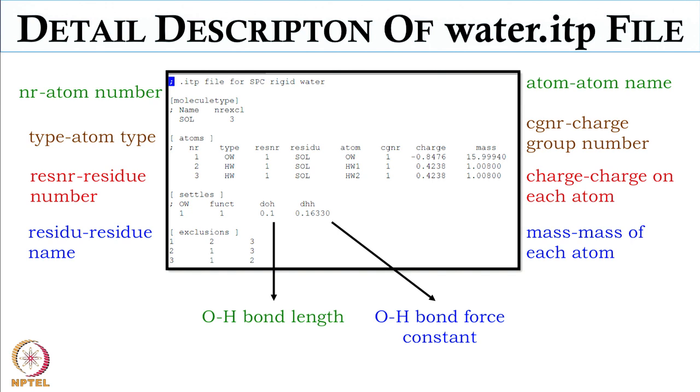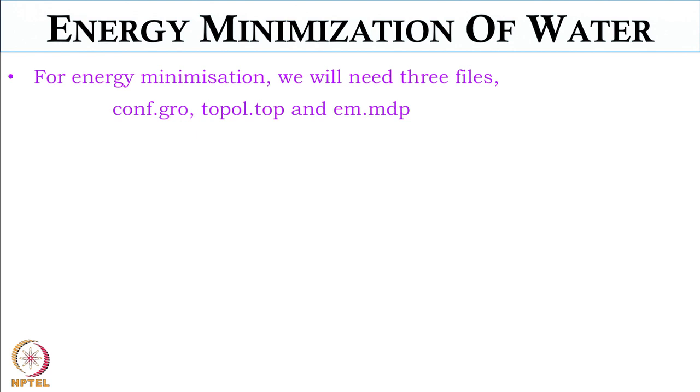So now we have the ITP file, topology file, and GRO file, and the MDP file is already there. Now we'll proceed to the energy minimization of water. These are the 3 files that are required: conf.gro, topol.top, and em.mdp. MDP is for molecular dynamics parameter file, and EM is for energy minimization.